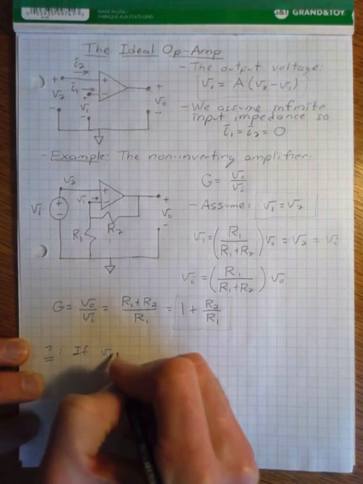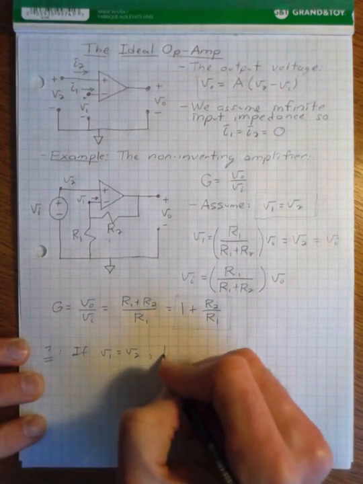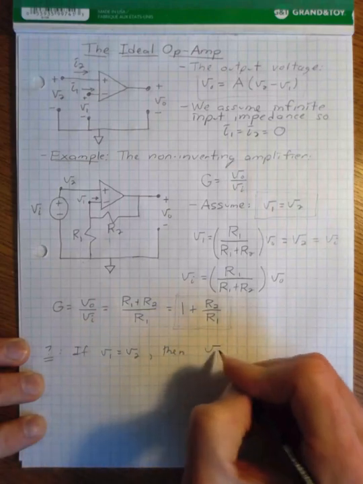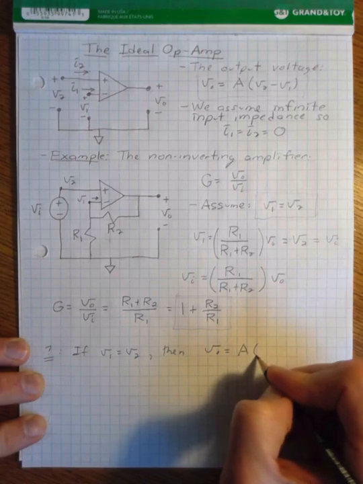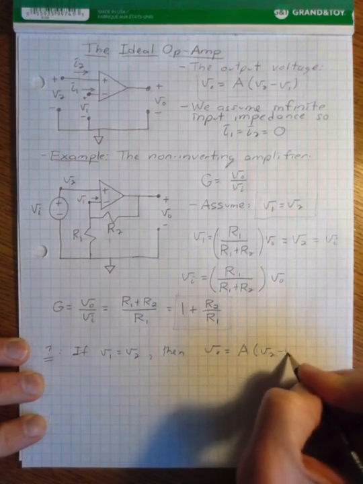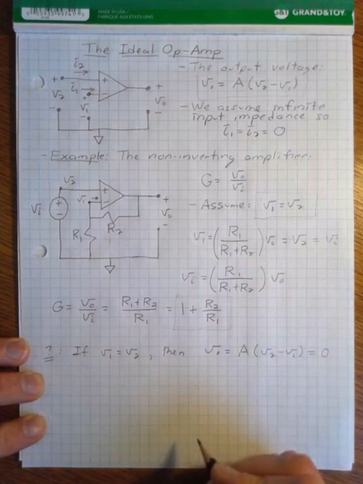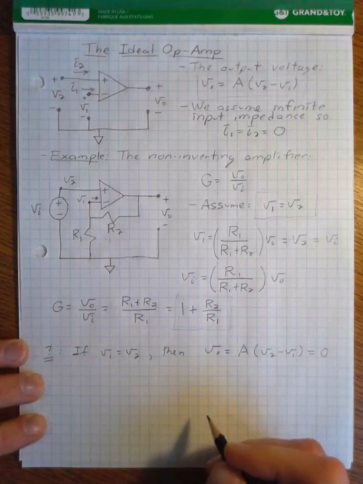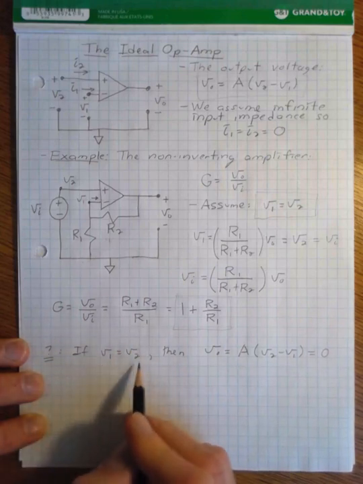If V1 and V2 are equal, then isn't our output voltage equal to 0? Because we've got some gain times V2 minus V1. But if these two are the same, then shouldn't this be 0? And why are these the same?